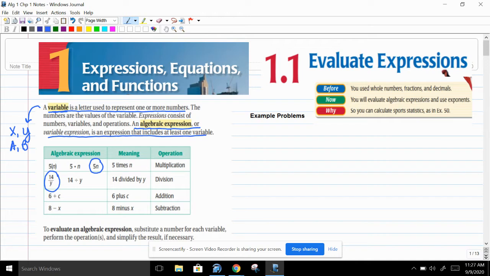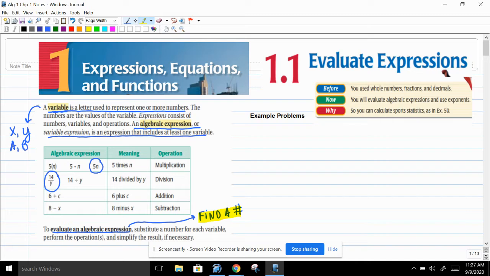Now, when we talk about evaluating an algebraic expression, it asks us to substitute a number for each variable, perform the operation, and simplify the result. I'm going to simplify that definition, guys. Anytime you're asked to evaluate, that means you're expected to find a number answer.